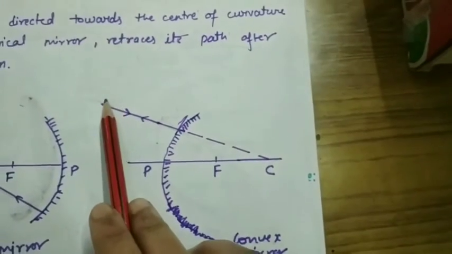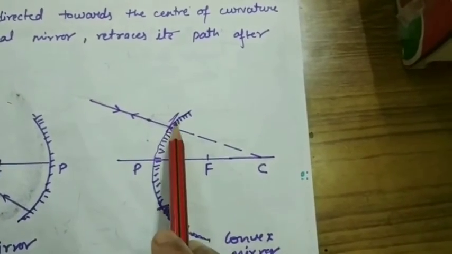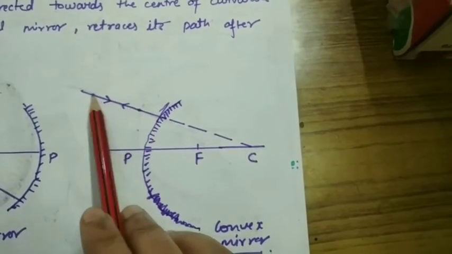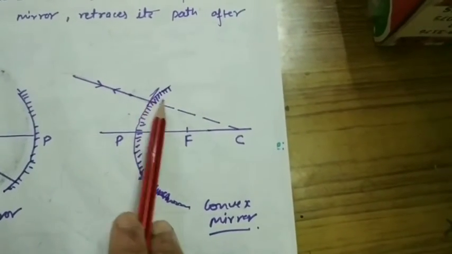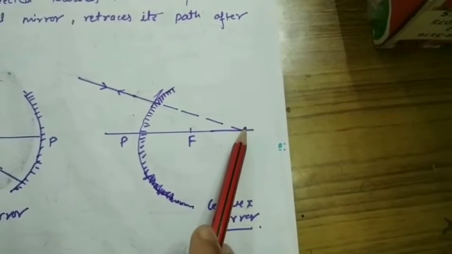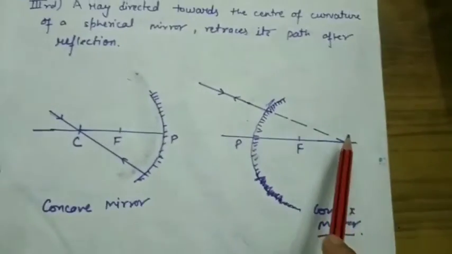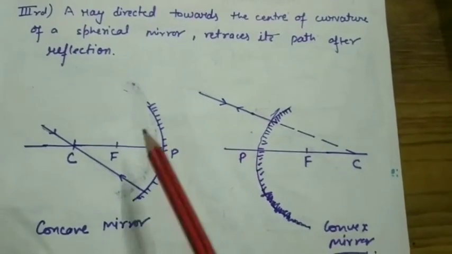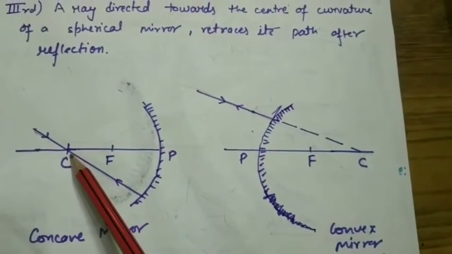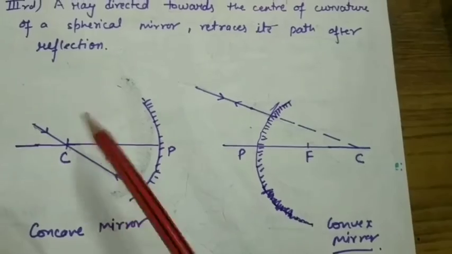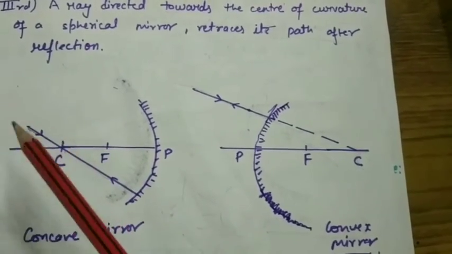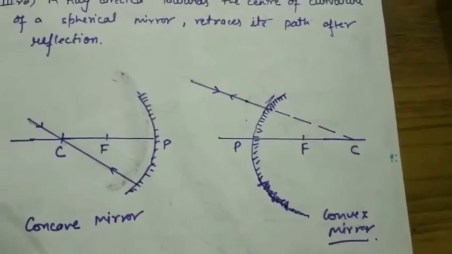In the case of a convex mirror too, if a ray is incident here, it will get reflected back, and if we join this point we will see it falls on the center of curvature. So any ray directed towards the center of curvature of a spherical mirror retraces its path after reflection.